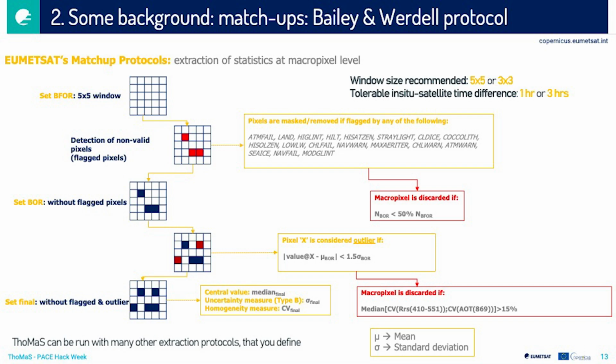But assume that these two criteria are well met, then we have a final window without outliers and the flagged pixels, and then the median is taken as a central value, as the reported value, and let's say an uncertainty measure of type A. I don't know, it's type A, I think I made a mistake there. It's a standard deviation, and a coefficient of variation as a homogeneity measure of the Rrs.